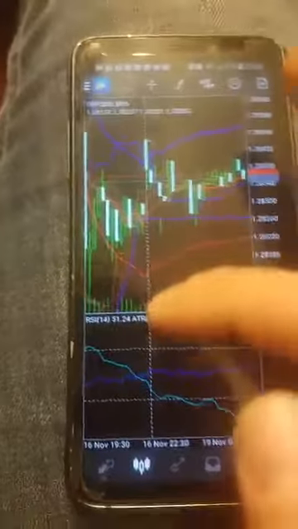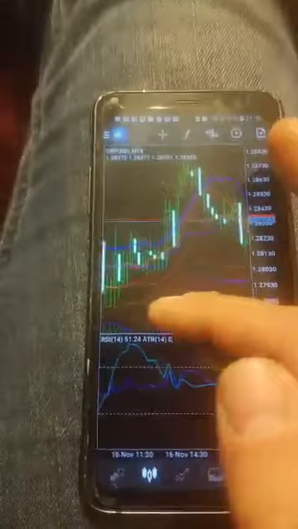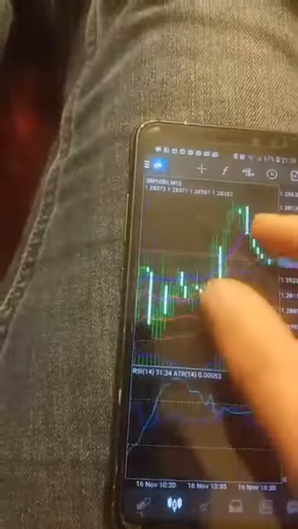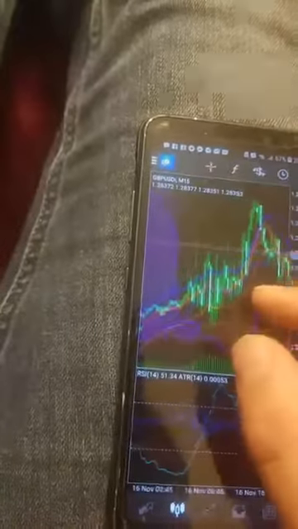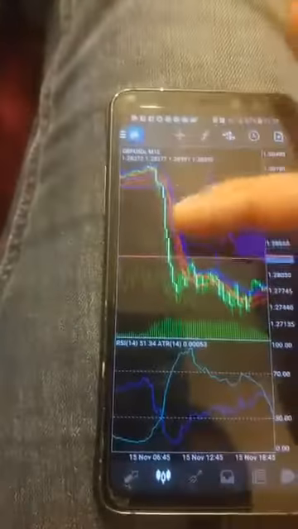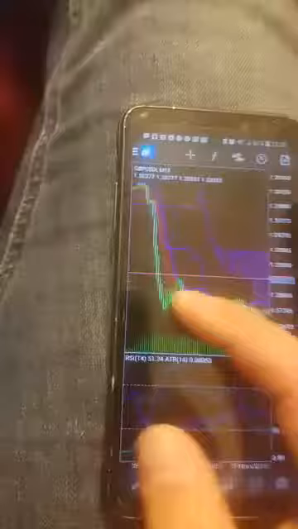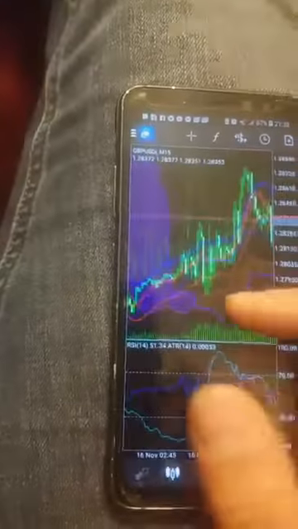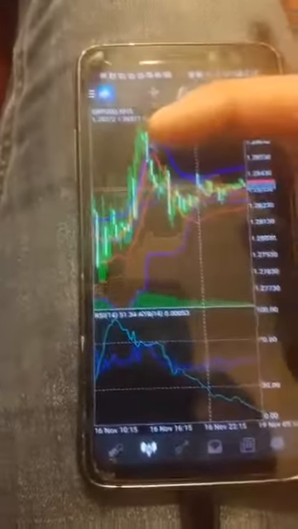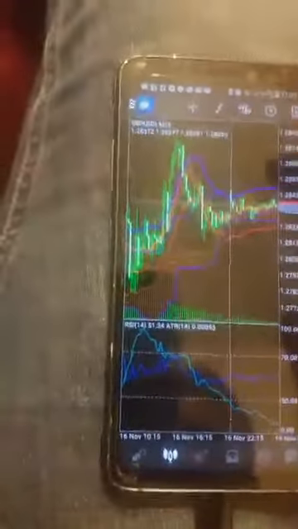The market likes to repeat itself, so if you see what the highest it's been at, you can see how high it was willing to go and how low it's willing to go. So it had a huge drop here, and that was 15 November. And then just slowly coming back up, had a jump right here, and that was 16 November.